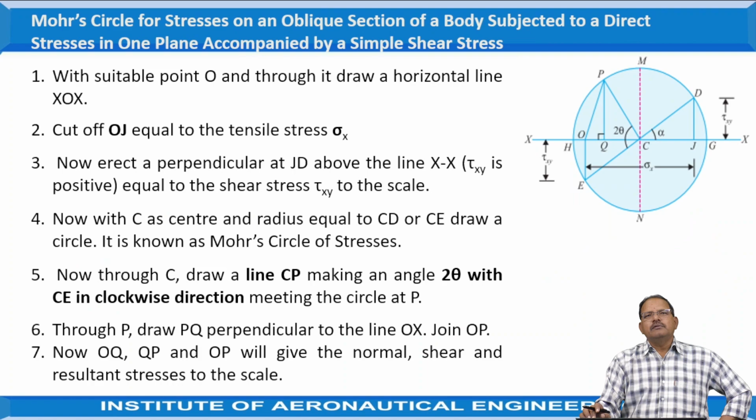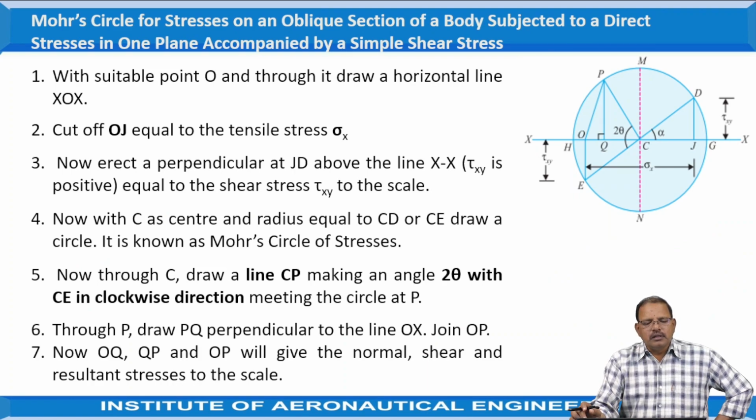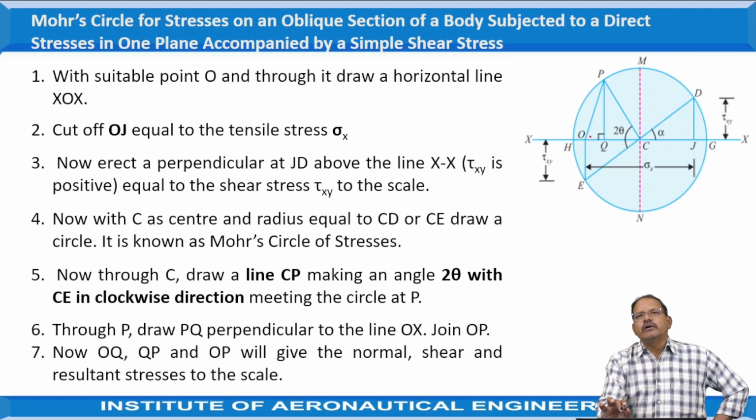Here is the construction of the Mohr circle. The first step, as usual, is to draw a horizontal line which represents the sigma axis as shown in the figure, and represent a point O on it at a convenient position.